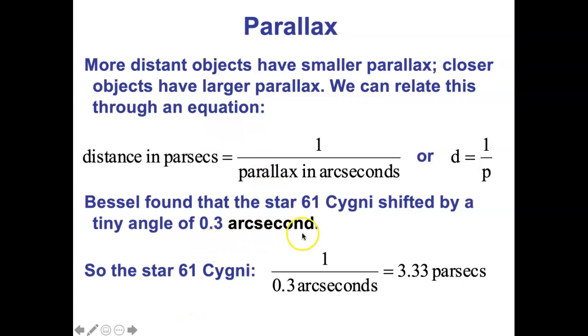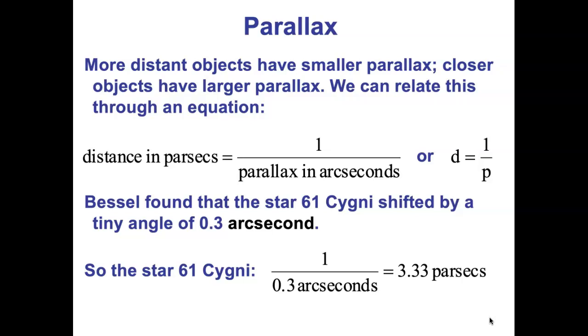He measured that the parallax shift in that star is 0.3 arcseconds. So 1 divided by 0.3 arcseconds is 3.3. Therefore 61 Cygni is 3 parsecs away. Boom! Now you know how far away that star is.